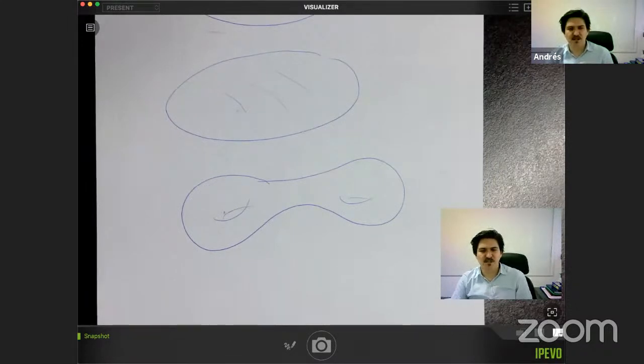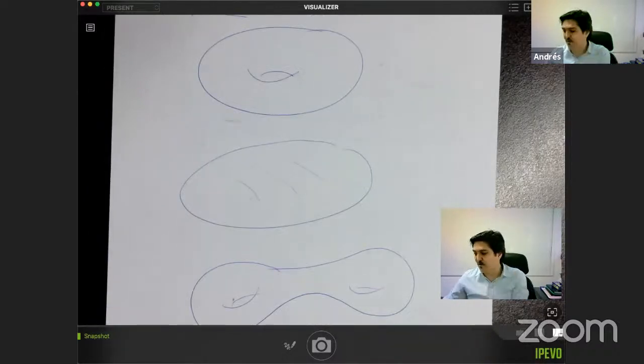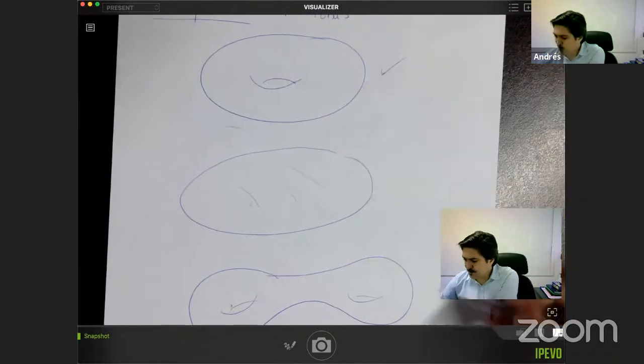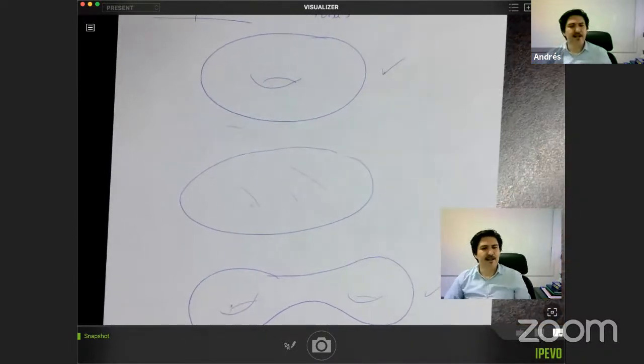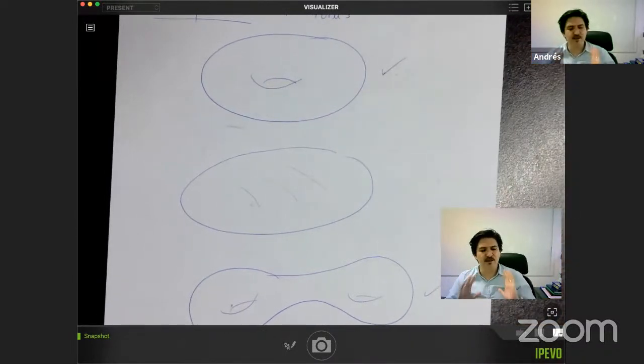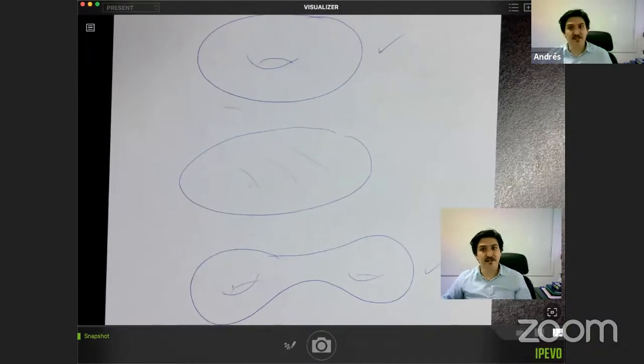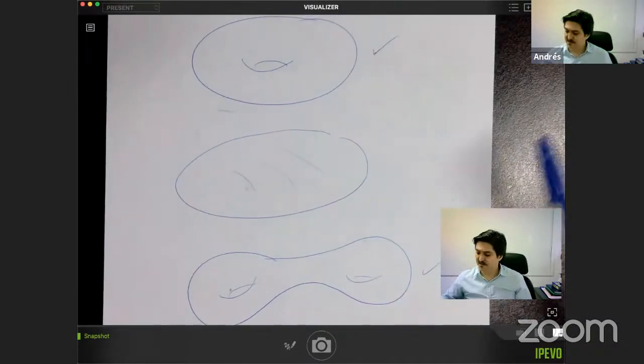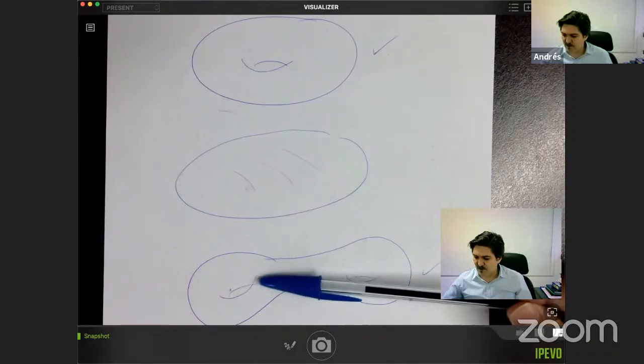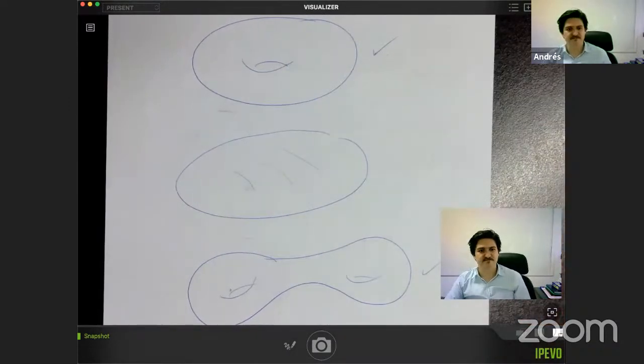So those are the two examples that we will work out tomorrow. This one and this one. And basically that's the only thing that is remaining for the curves. Compute the cohomology of this and of this.